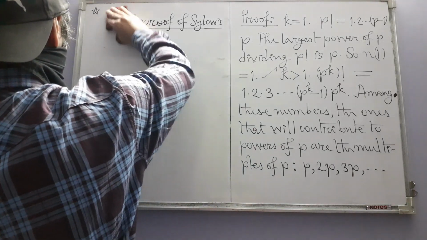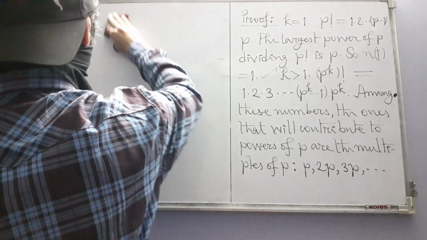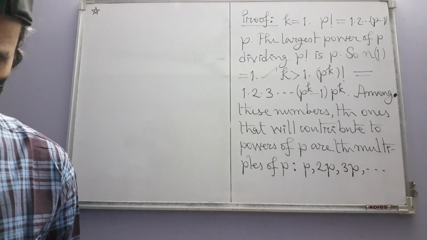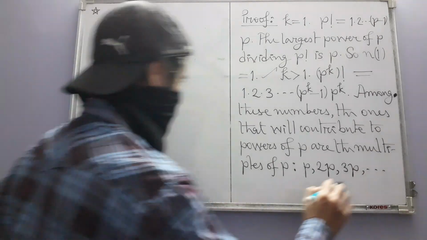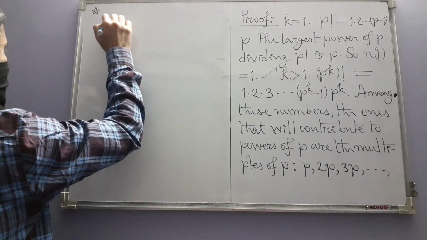We will of course miss some intermediate numbers. They are not multiples of p, but these are going to be multiples of p. And the last one, just to show that it's a multiple of p, we write it like this.